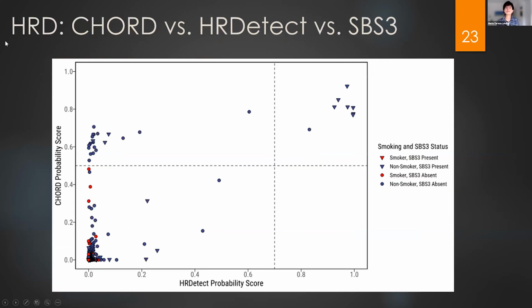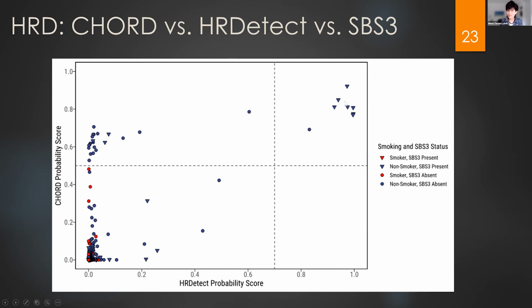And so when we compare CHORD versus HRDetect and the SBS3, we saw that all the samples that were identified as high HRD by HRDetect were also identified by CHORD, and 7 out of 8 samples also had the signature tree, here identified with the triangle.